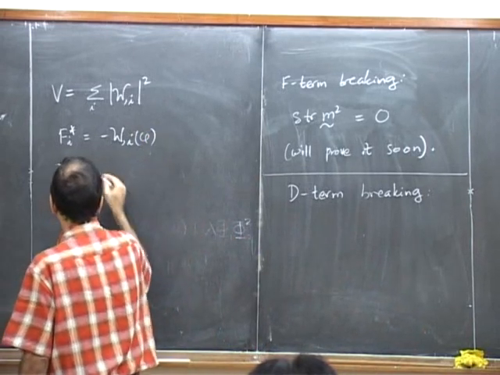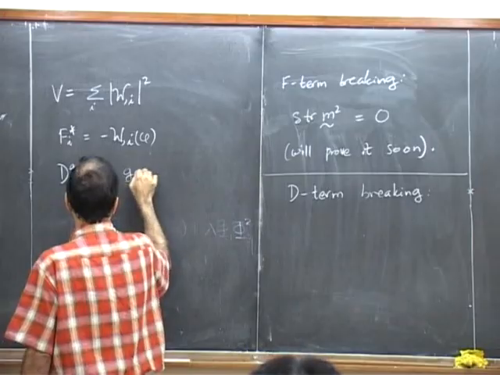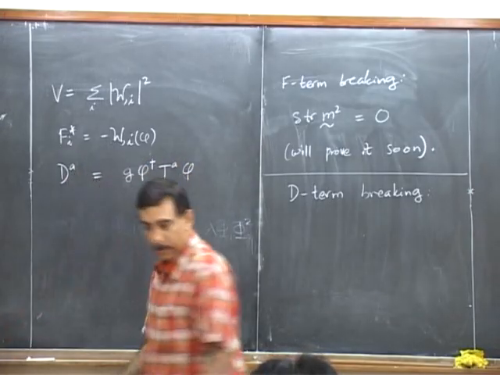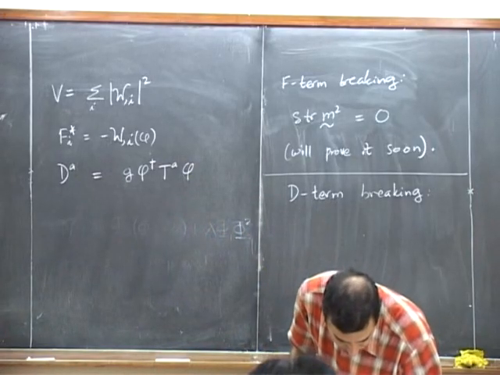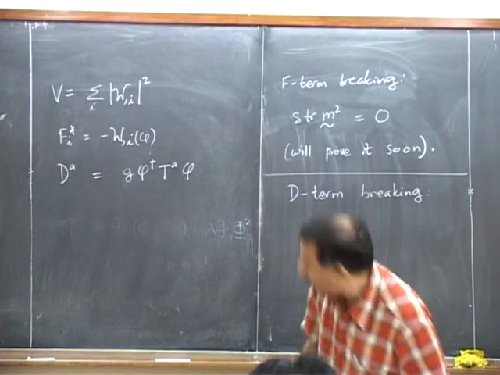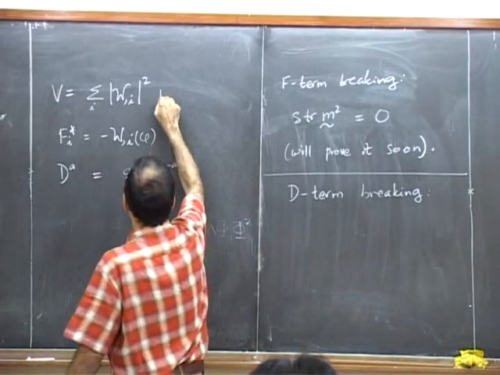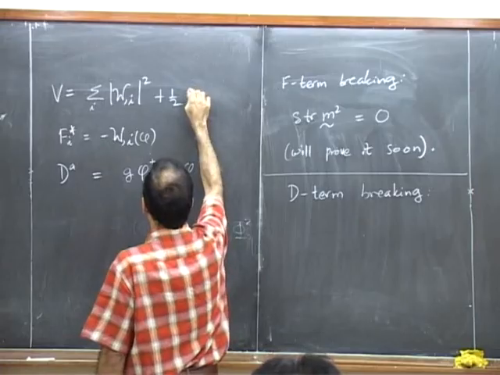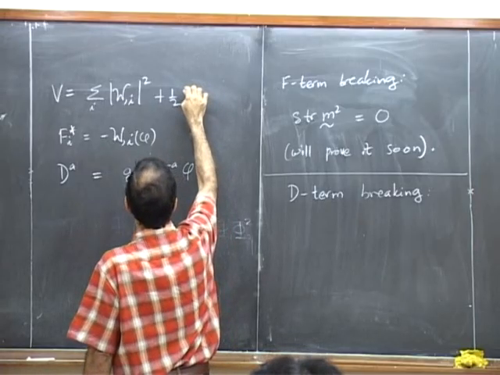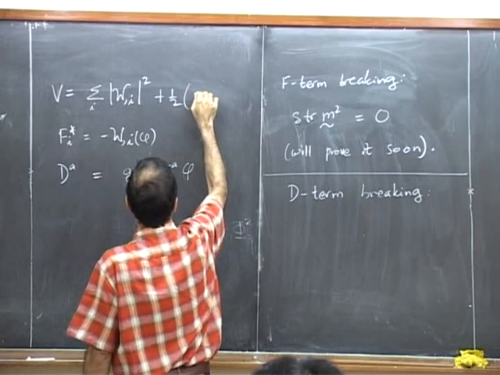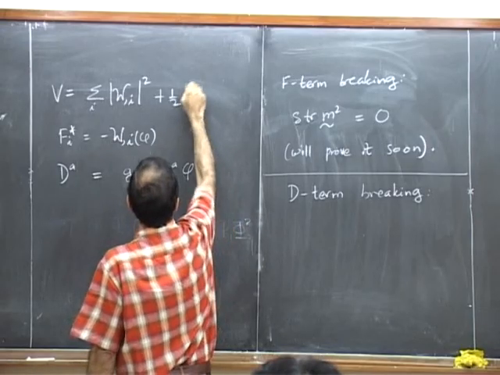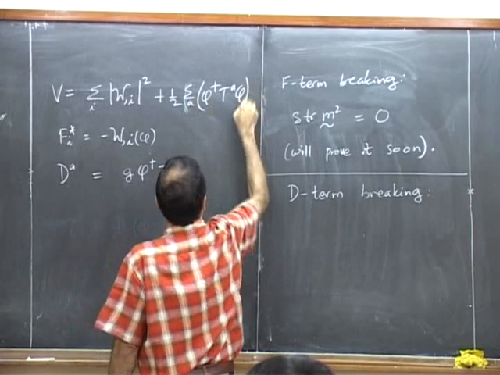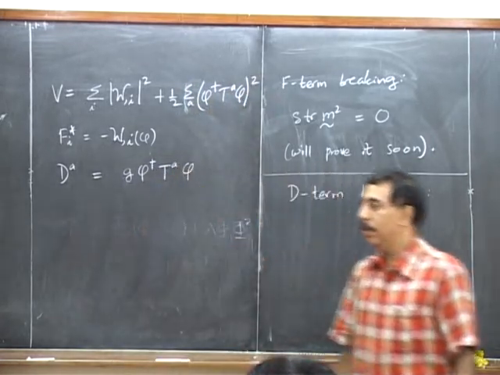Likewise, D^A, the D term, was φ† T^A φ, I think, is my notation. And because D terms are real while F terms are complex, we had a half D^A D^A. So it was a half summation over A of (φ† T^A φ)^2.